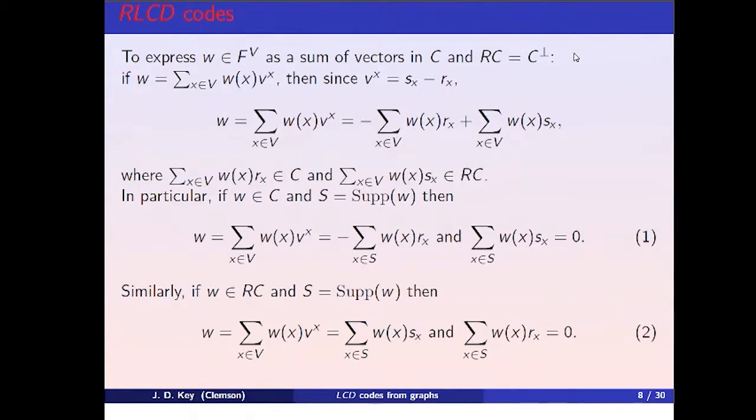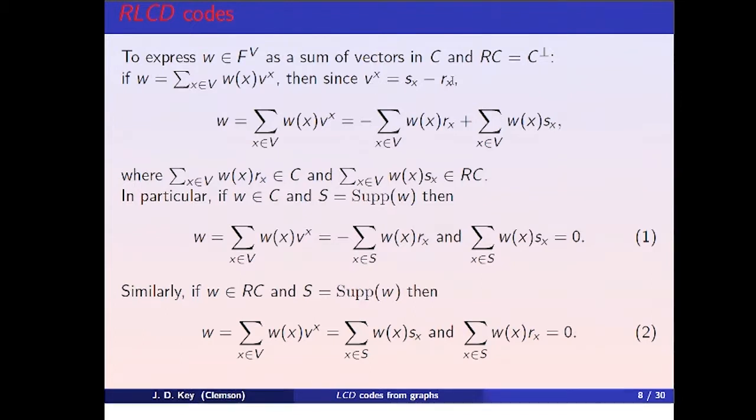How are you going to find the unique breakdown of any word? So here, what this means is Wx is the coordinate of W at x, and then V to the x is as usual. So this is the word W with its support.